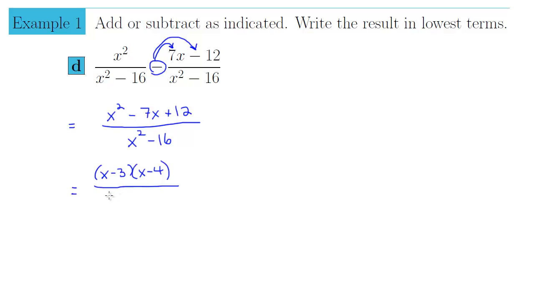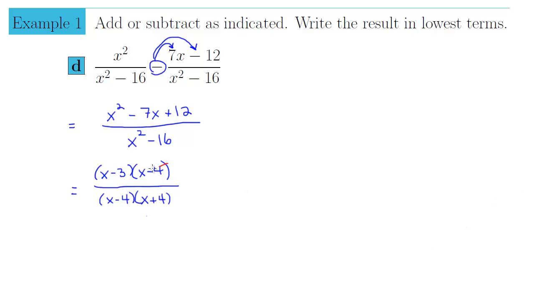The bottom is a difference of squares, x squared minus 16. That factors as x minus 4 times x plus 4. When we break polynomials up into their factored form, then we can see what we can cancel.